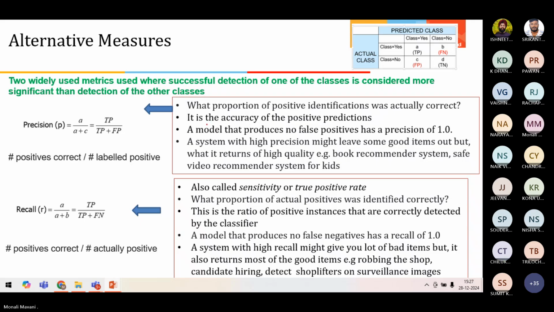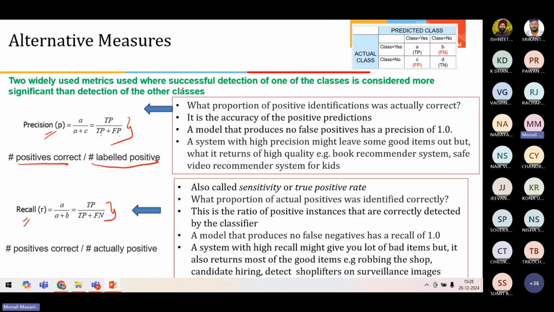Got it. So then we have certain alternative measures to deal with this kind of problem. We have precision and recall. This is the formula for precision and recall. So what is precision? We have true positive upon TP plus FP. That means out of all the examples which are labeled positive, how many are actually correct? As the name says, precision: how precise is your prediction?